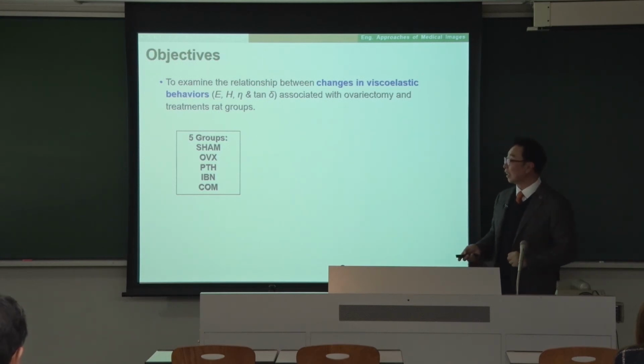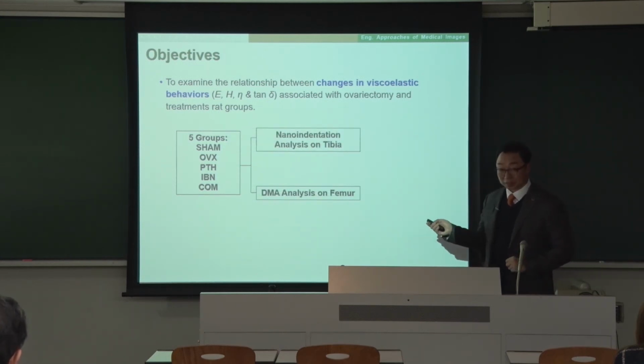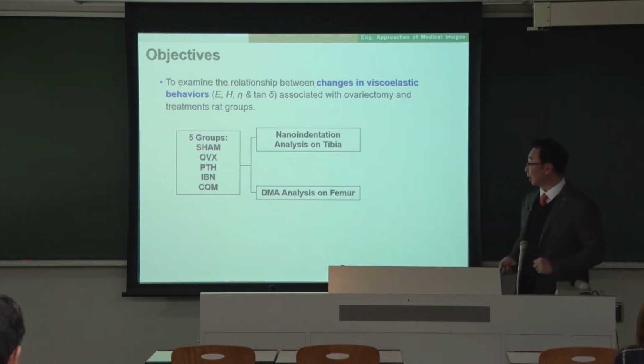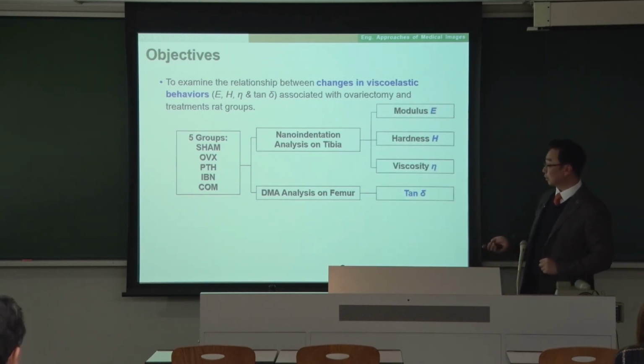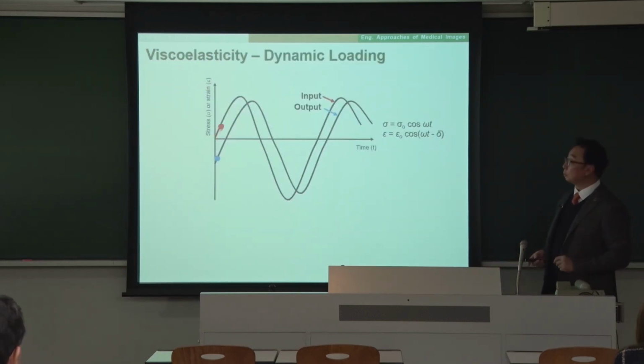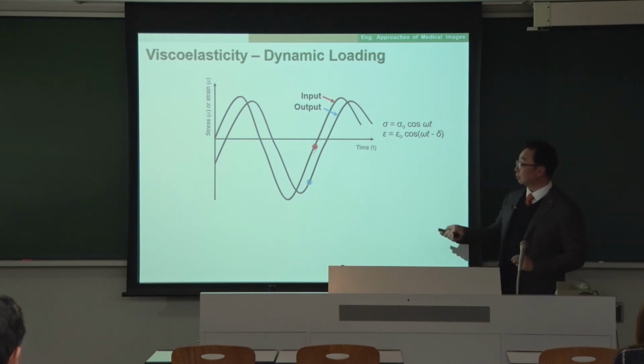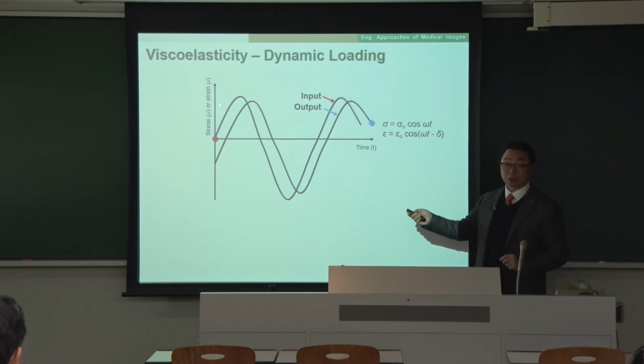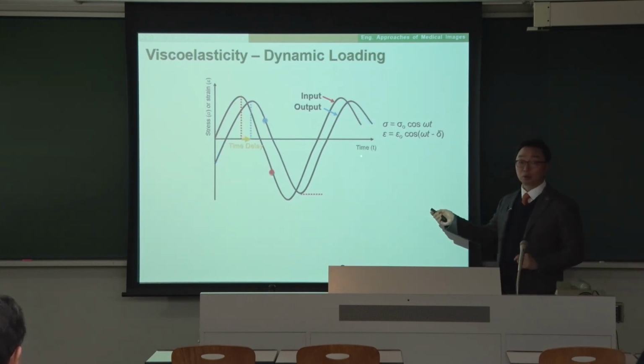With this, we use nanoindentation and also the dynamic mechanical analyzer, and we can get modulus, hardness, viscosity, and even the viscoelastic property of damping, tangent delta. So this is viscoelastic load bearing. The y-axis can be either stress or strain, and x is time or frequency.